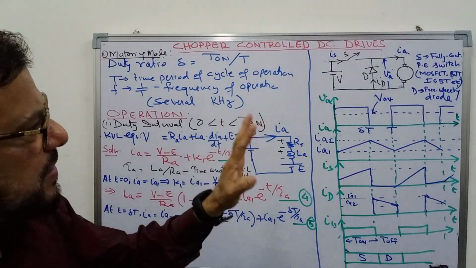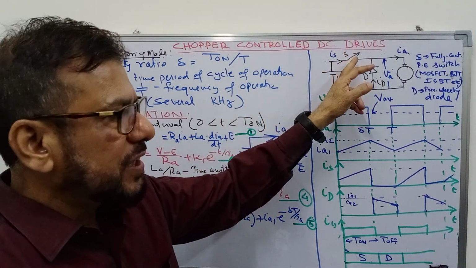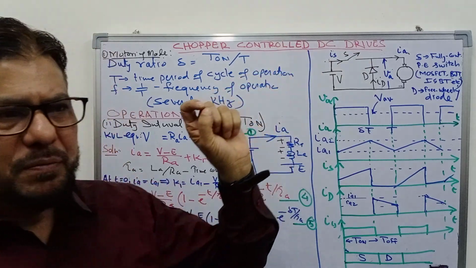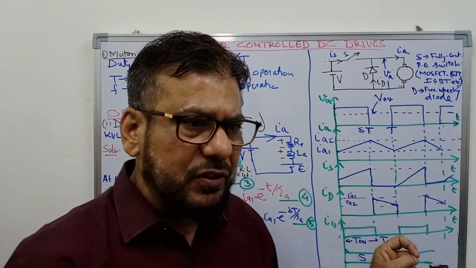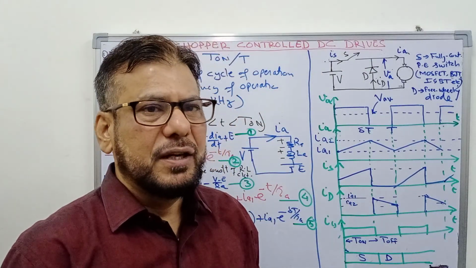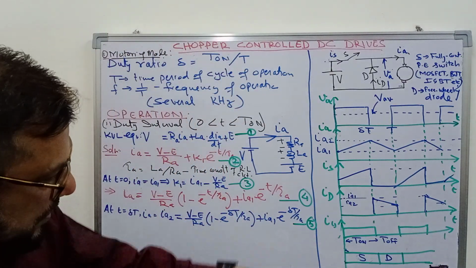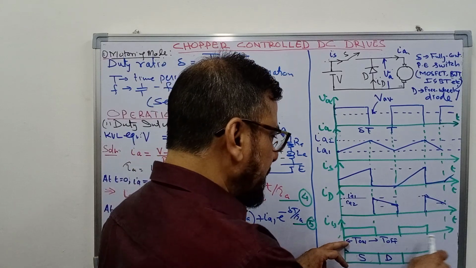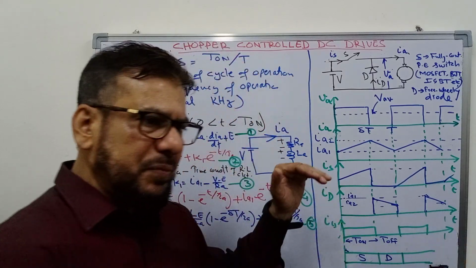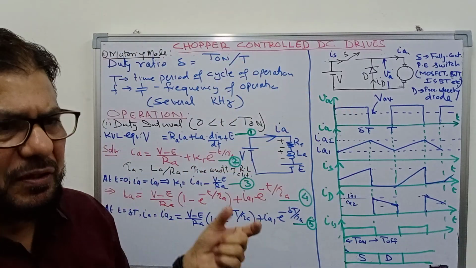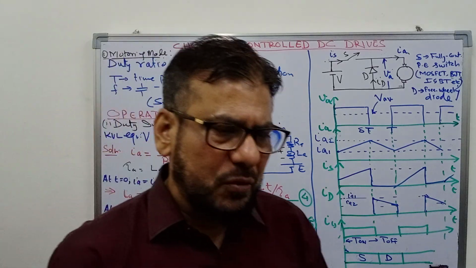So the simple operation is that you have to give signal to this for some time period and then remove the signal for the remaining period of the cycle, and the switch will turn on and turn off automatically. So this is the gating signal that you give. It can be a base current in the case of BJT, it can be some voltage signal in the case of MOSFET.